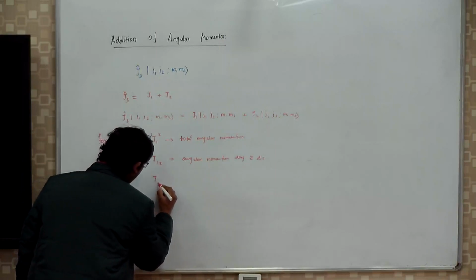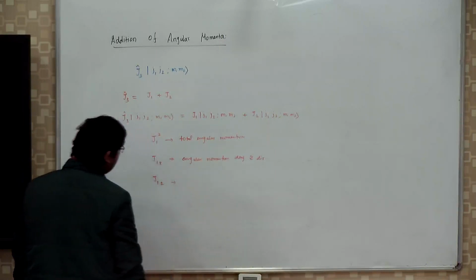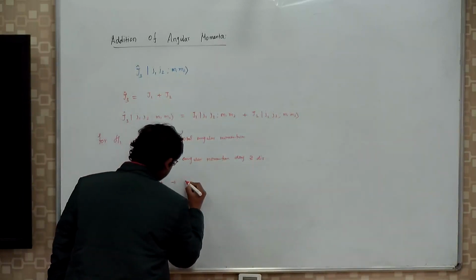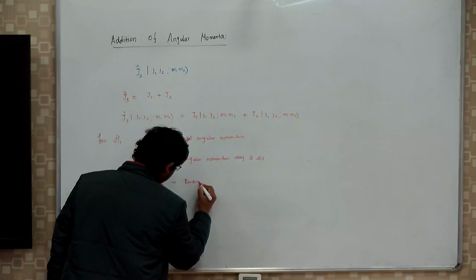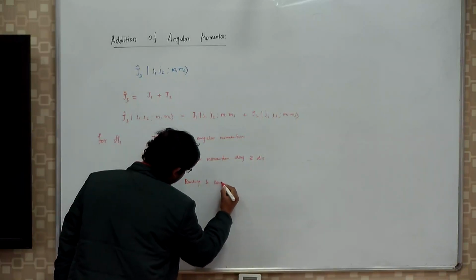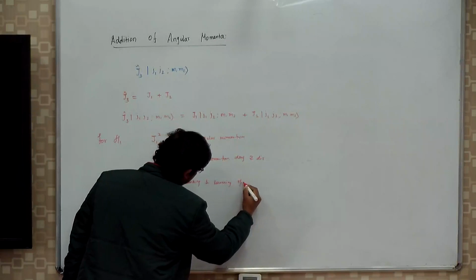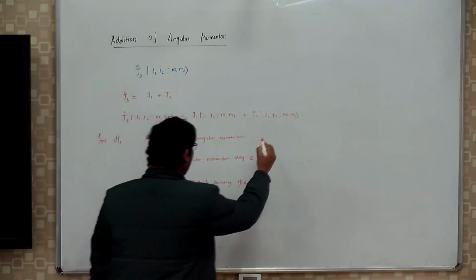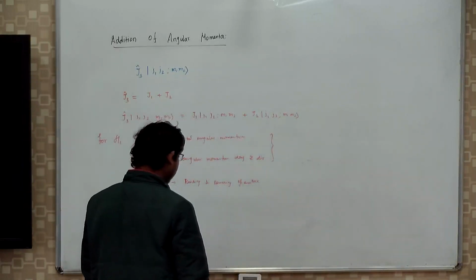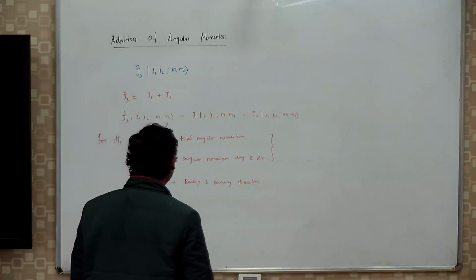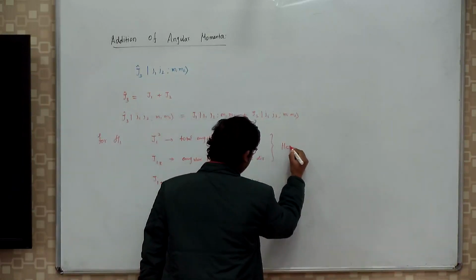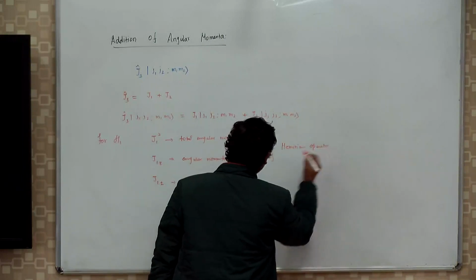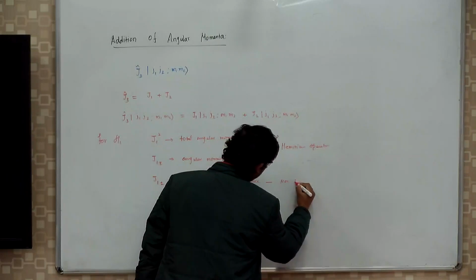And J1 plus minus, the raising and lowering operators. The first two are Hermitian operators, and this is nothing but a non-Hermitian operator.